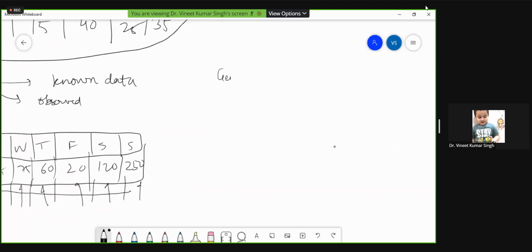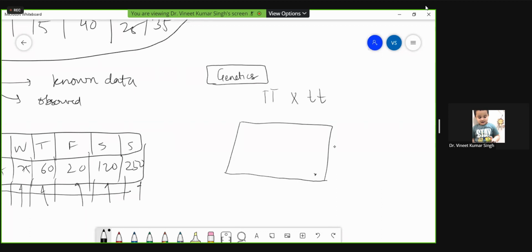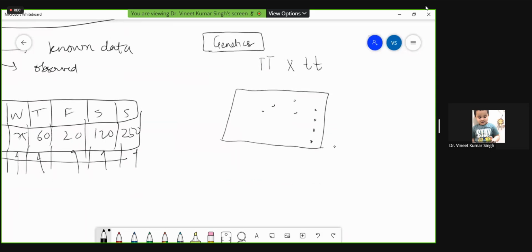So one example is from genetics. Okay? When you hybridize two plants, you just put the seed in soil and wait for the plant to grow. Then you count the number, the ratio, how many tall. You have sown 500 seeds. Out of 500, how many tall?